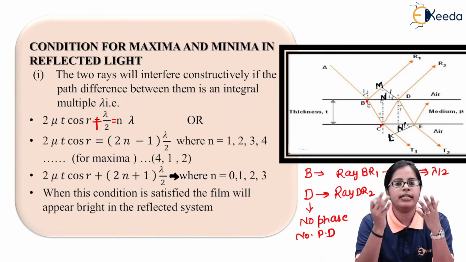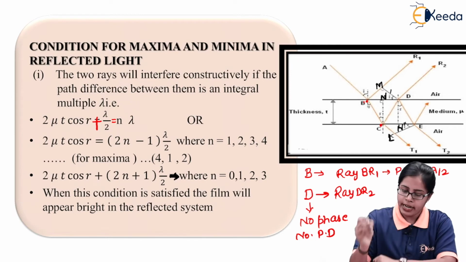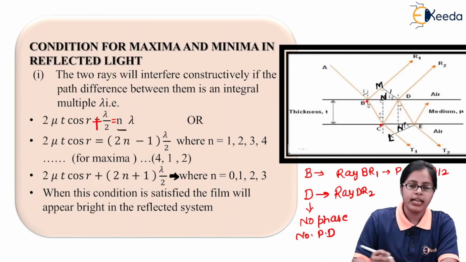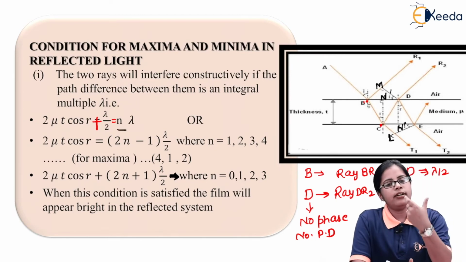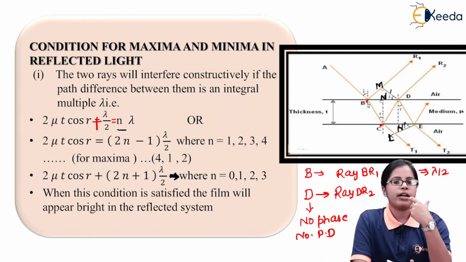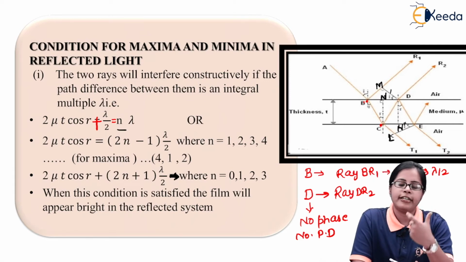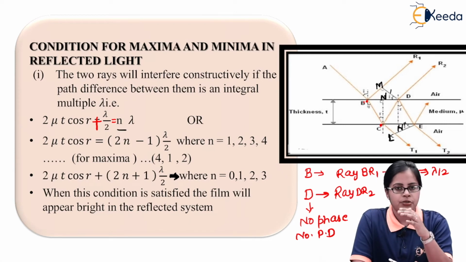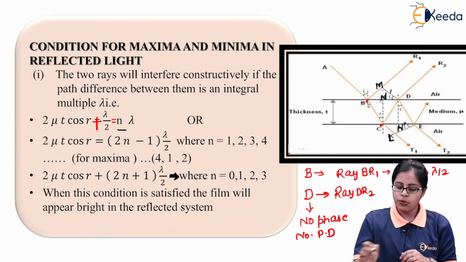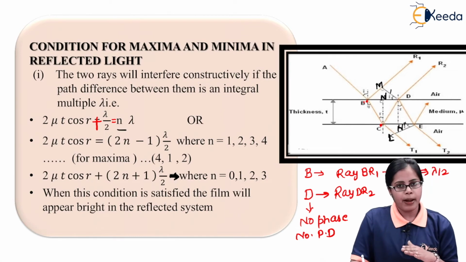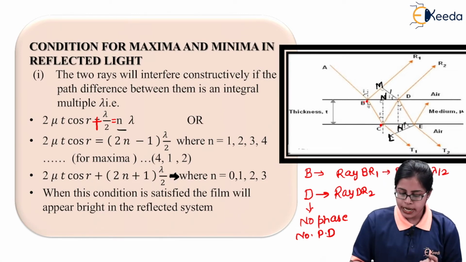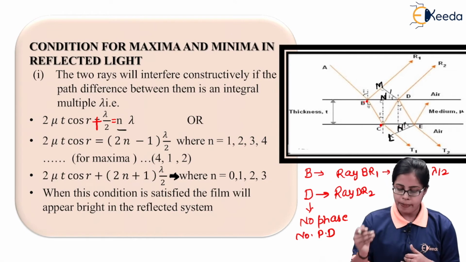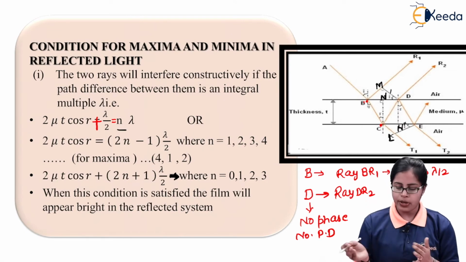Integral means integers, and I am indicating the integers as n. So to get constructive interference, or a bright band, or the condition for maxima, the total optical path difference between the rays should be equal to n lambda. So we get 2 mu t cos r plus lambda by 2 is equal to n lambda.